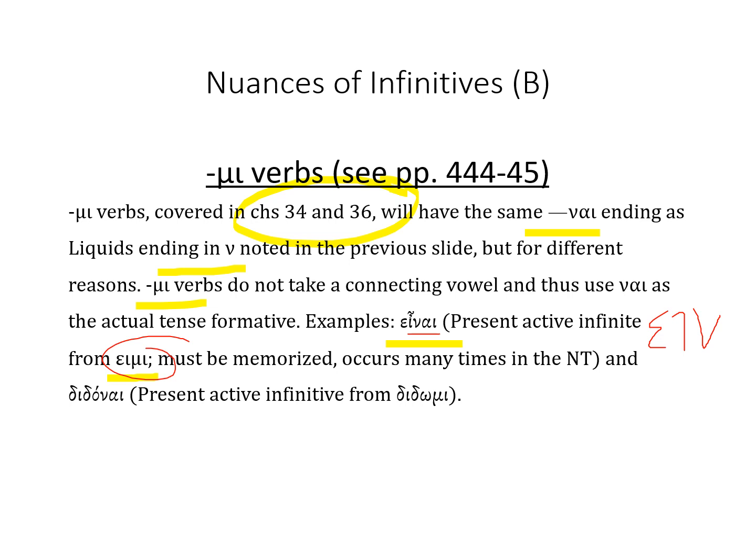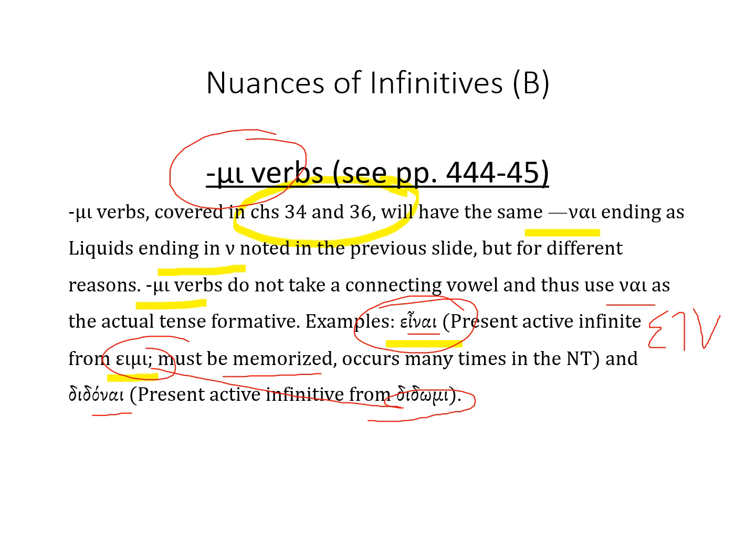Again, some of what you're learning in Greek, you have to memorize it. But you need to memorize it because nai occurs many times in Greek. This is a nuance of mi verbs where they just have the nai ending. Didomi, again, like a mi verb, didonai is going to be the infinitive.